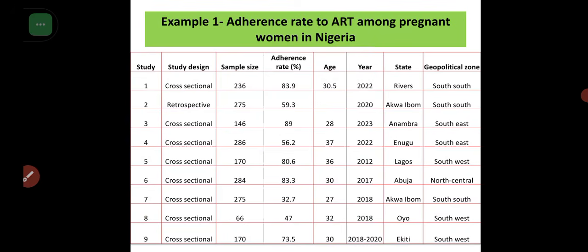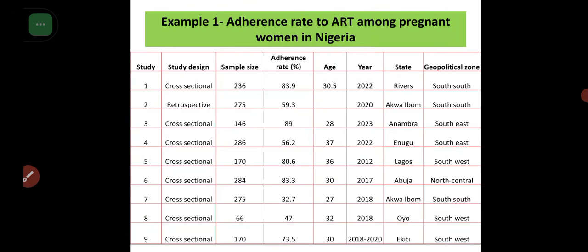Now look at all of these studies. First, they are all cross-sectional studies. That means snapshot study, just within a time and space. So you have sample size, we have adherence, we have age, we have year, we have state and geographical zone.